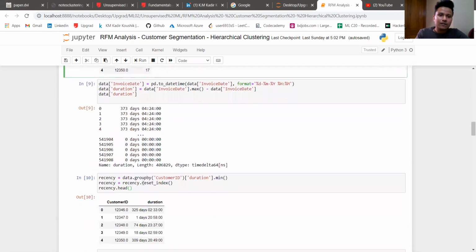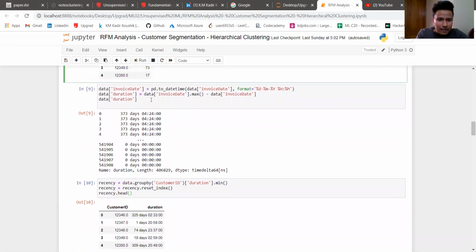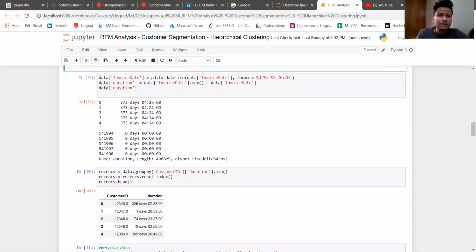And the next one, which is quite important, a little bit difficult, it might be difficult for you to understand, but I will try my best to explain. All right. So this is to find out the recency, how recent the customers were in visiting your website, right? So first what we did is format the invoice date column. We used the pd.to_datetime function. And after that, we make another column, duration.